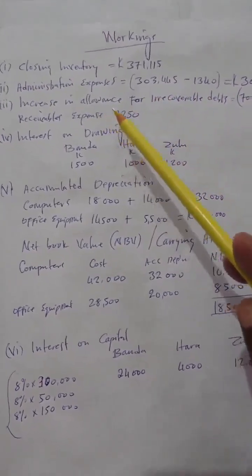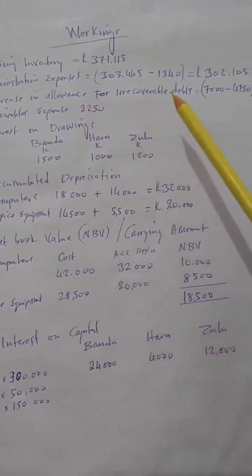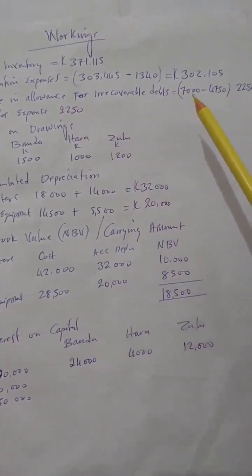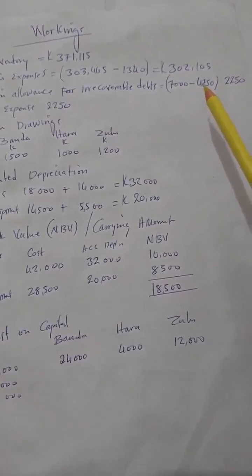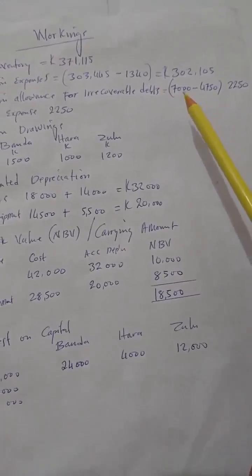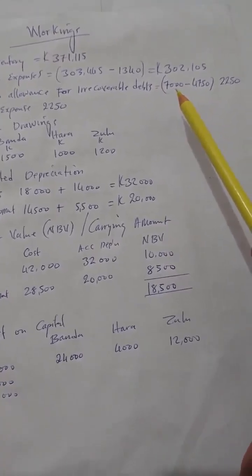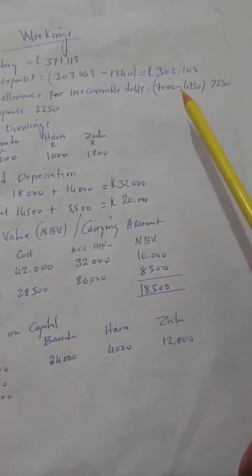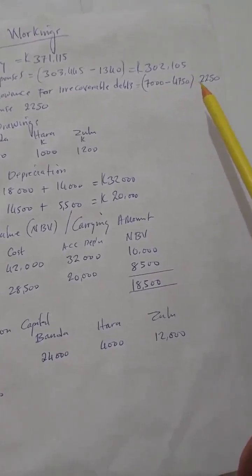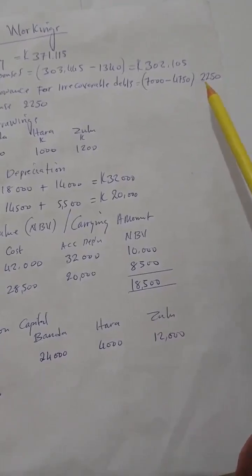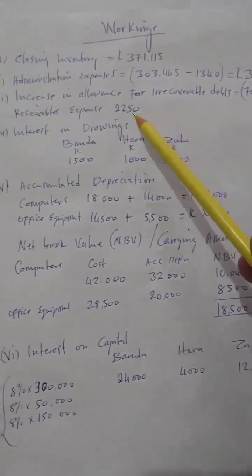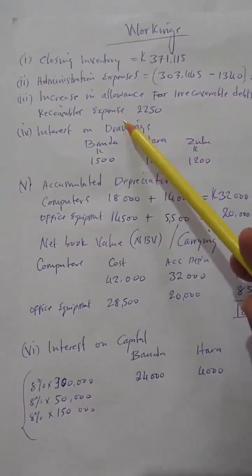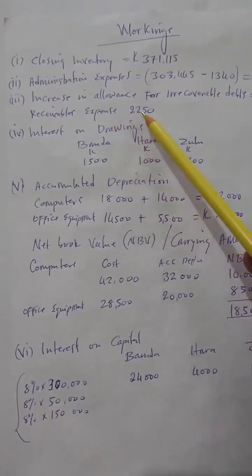So increase in allowance for irrecoverable debts, you discover that the allowance for irrecoverable debts at first was 4750, but the additional information is saying increase to 7,000. So you do the subtraction, you find that the increase in allowance for irrecoverable debts will come to 2250, and then receivables expense 2250.